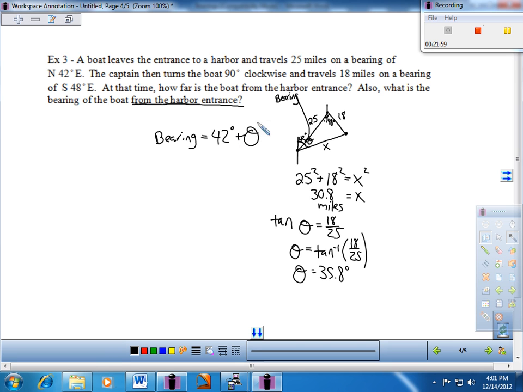Let's be clear on that. So in this case, I'm getting my 42 degrees plus, what did we say there, about 35.8, and that gets us around 77.8 degrees. Okay, which is great. That's the full rotation.